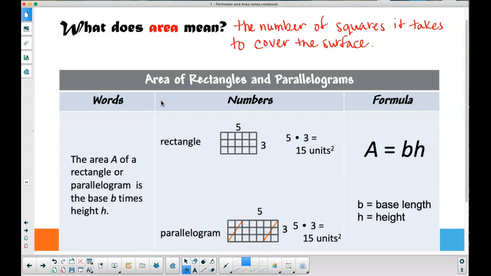So when we talk about a square, oh, where I put my rulers? I have it over here. A square foot. Okay, a square foot is when we have a square that is 1 foot by 1 foot. Okay? That's what they're talking about when they say a square foot.